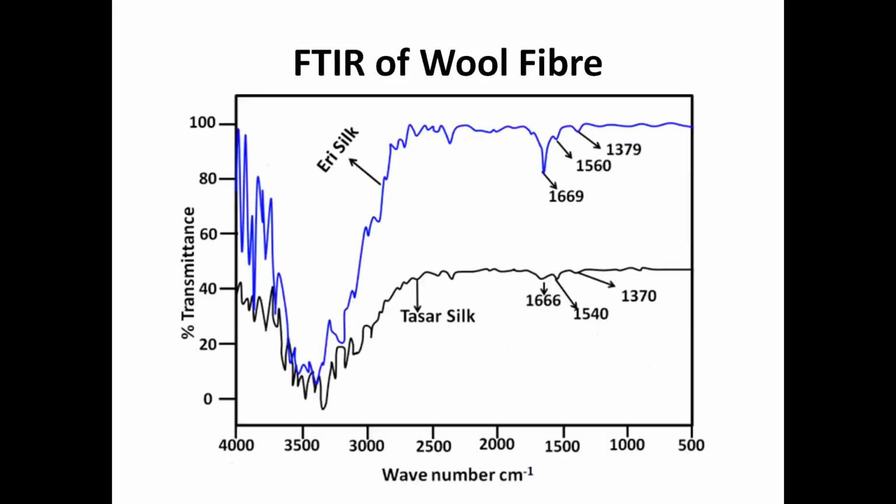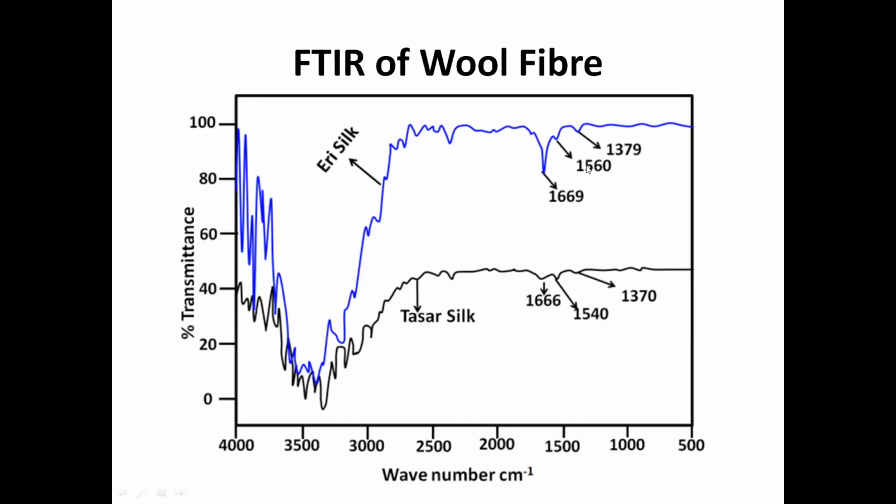This is the FTIR of silk. Sorry, the title is wrong. This is not for wool; wool was the previous one. This is the comparison between Eri silk and Tassar silk. In the case of Eri silk, you are getting the peak at 1669, but in the case of Tassar silk, you are getting the peak at 1666.